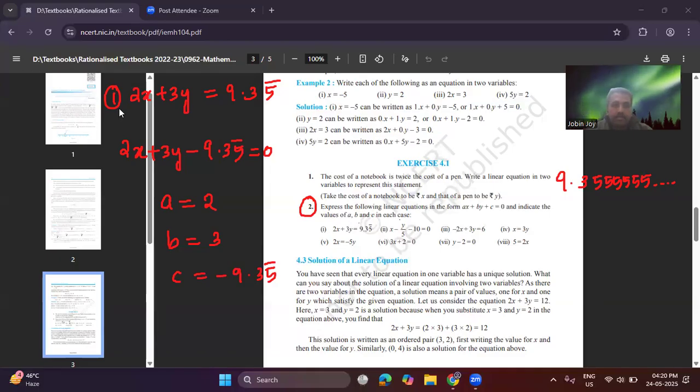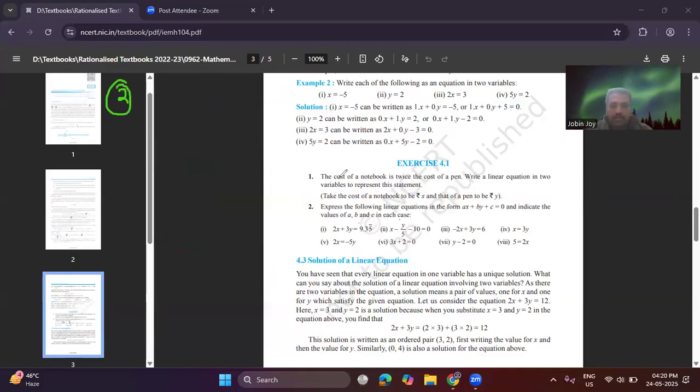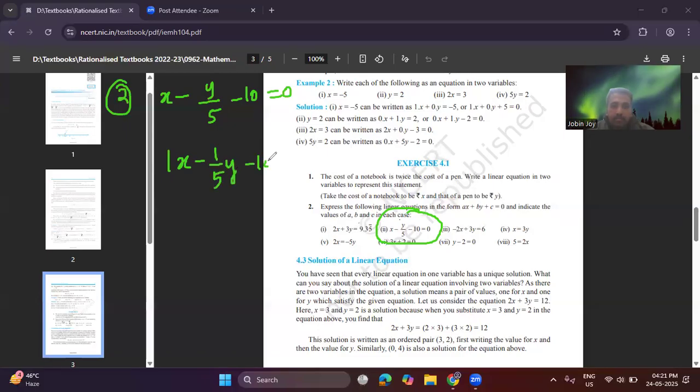Second question: x minus y by 5 minus 10 equal to 0. So x I can write as 1x, and y by 5 I can write as minus 1 by 5 y, minus 10 equal to 0.